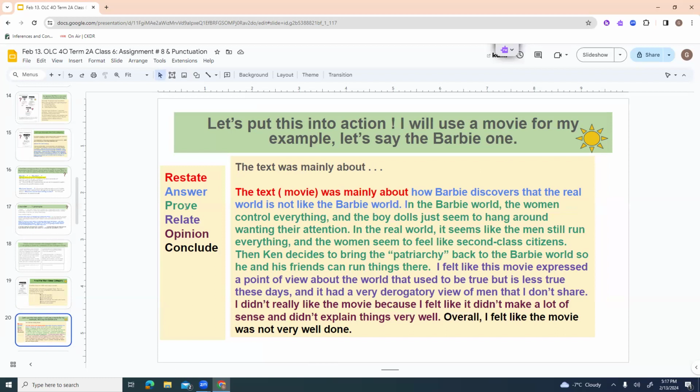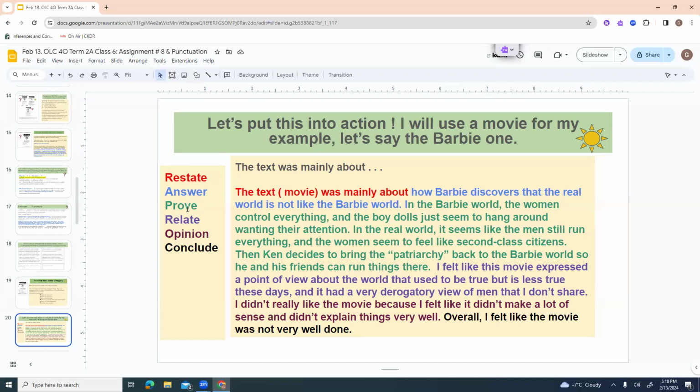So down here, I've got my RAP ROCK, so I remember what I'm doing, and I color coded it. So if this is in red and you see a sentence in red, that's because that part is doing that function. So for restating, restate is where you kind of turn the question about and turn it into the beginning of your answer. So the text was mainly about, my answer says, how Barbie discovers that the real world is not like the Barbie world.